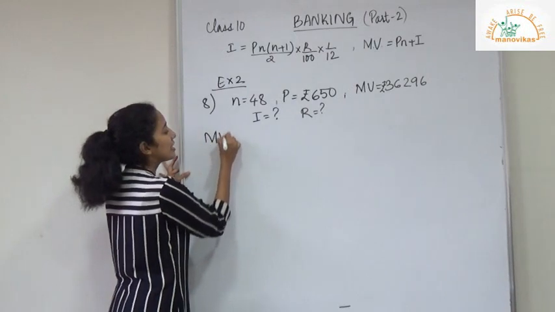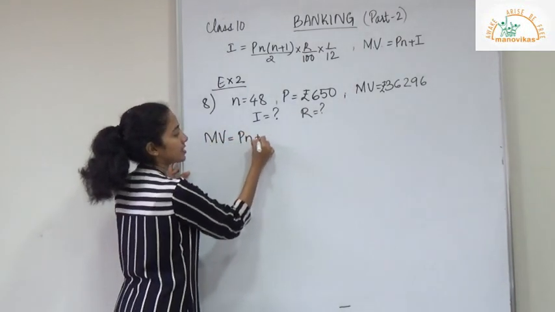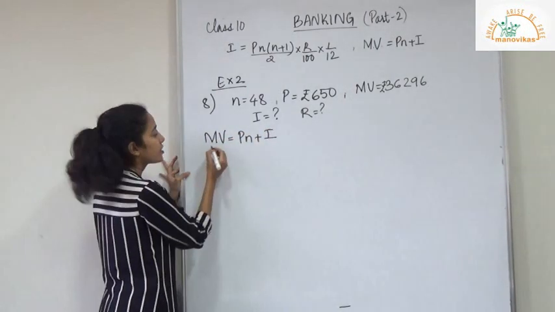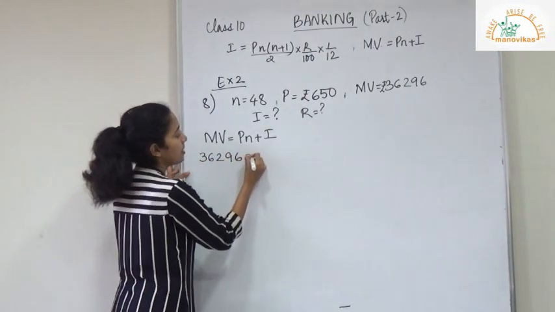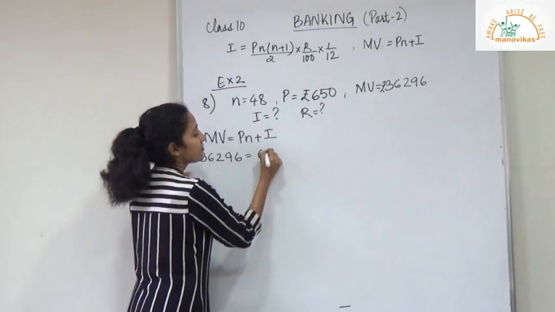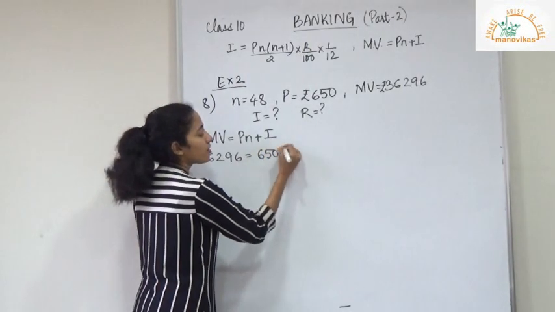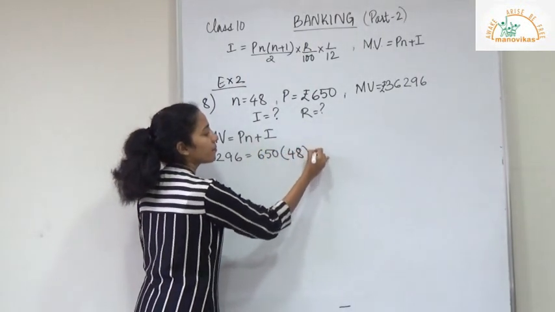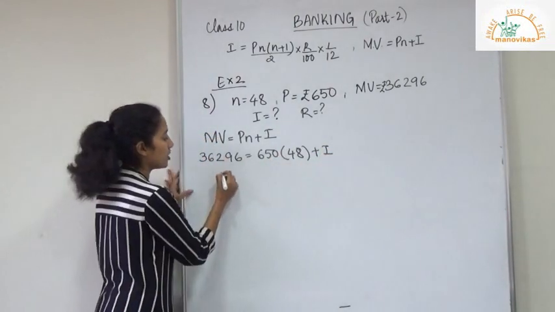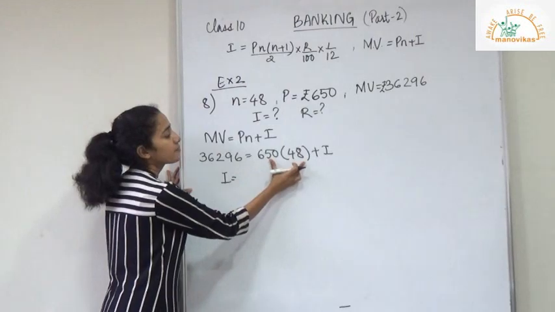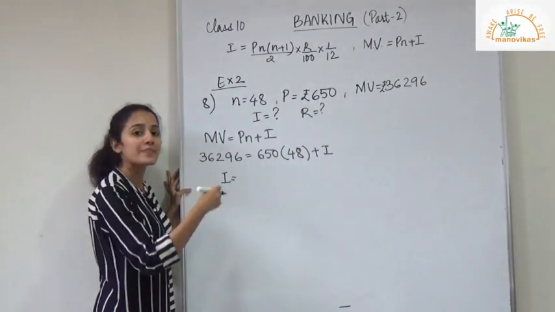So maturity value is given by Pn plus I. So maturity value is 36,296. P is 650 and the number of months is 48 plus I. So therefore the interest will be equal to, I take this product on the other side, so that will be negative.